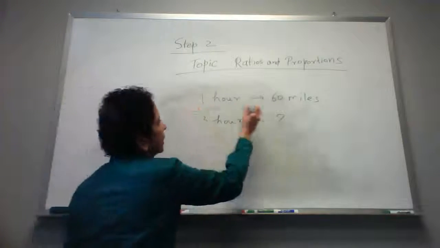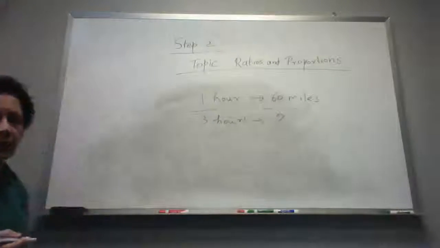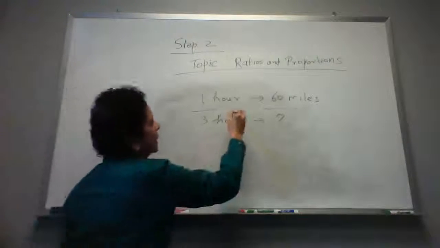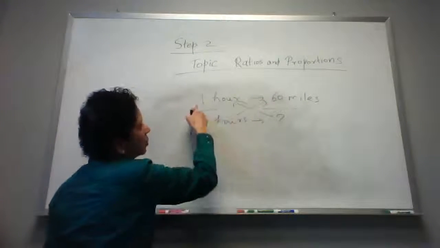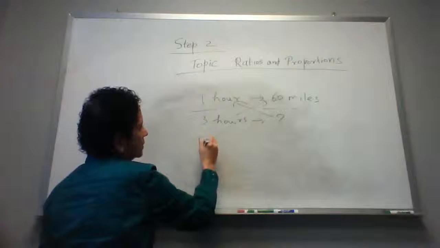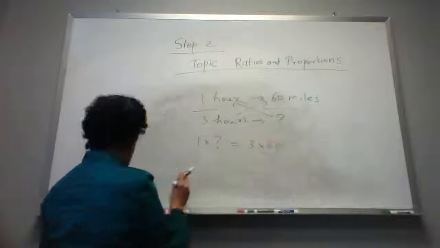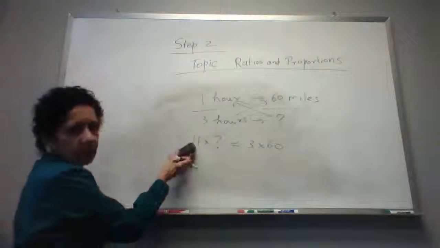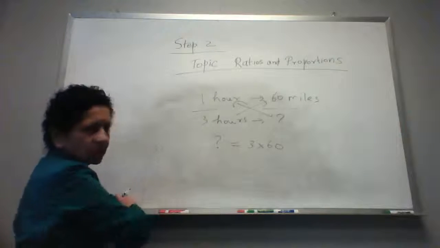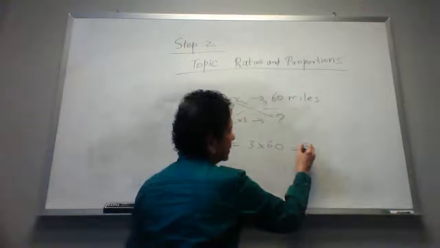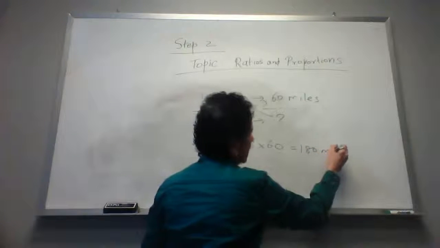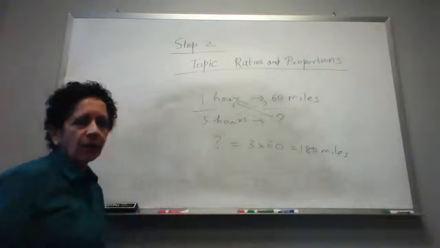Then exactly the same as before, you just divide, and then you do the cross multiplication. So 1 times question mark equals 3 times 60. 1 times anything is just the same thing, right? So I don't need that. So it is 180. In 3 hours, you would have done 180 miles.